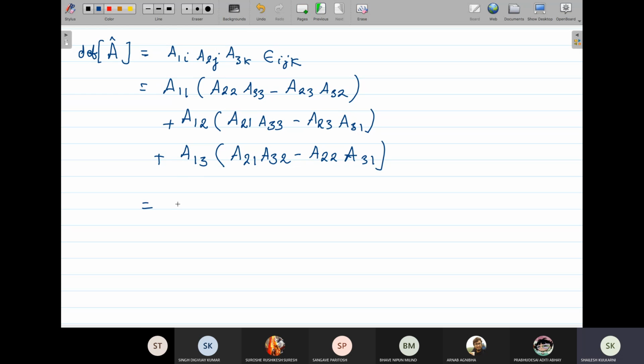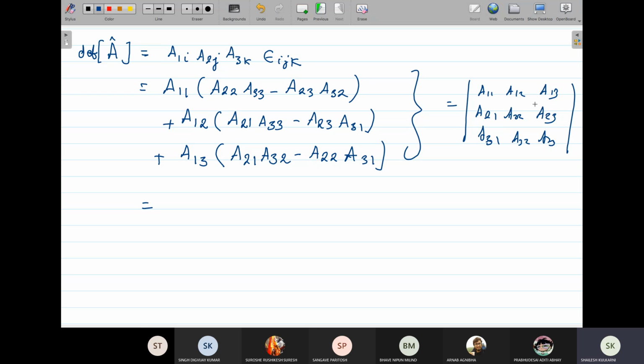This is equal to just your determinant, right? This is A11, A12, A13, A21, A22, A23, A31, A32, A33. If you take the determinant, A11 into this minus this, that is this term: A22 A33 minus A23 A32.